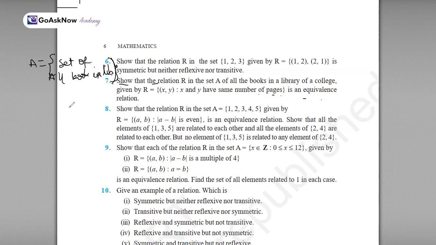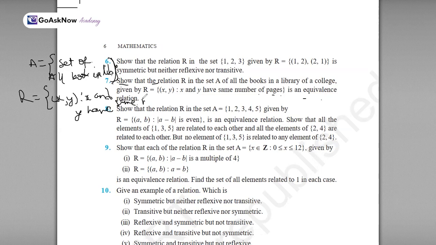The relation R is telling X comma Y, X and Y have same number of pages.